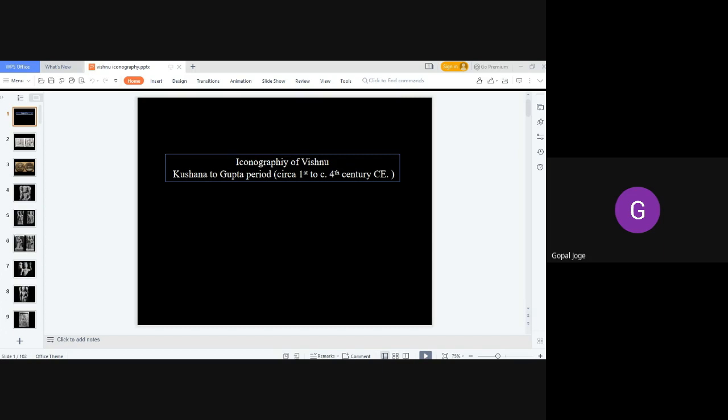Now, this phenomenon is interesting in terms of the changing religious landscape of the Indian subcontinent. The material left by the Guptas, or seen during the Gupta period, concerning the Vaishnava tradition is the most fascinating part for understanding Vaishnavism.